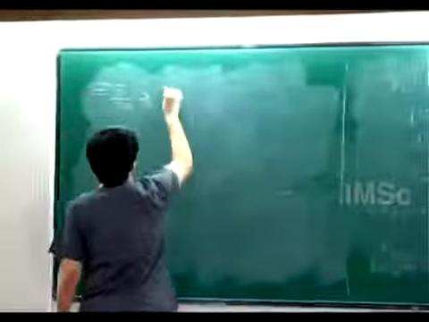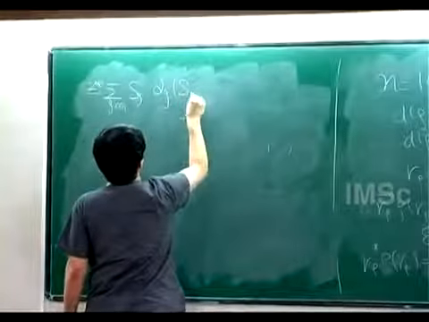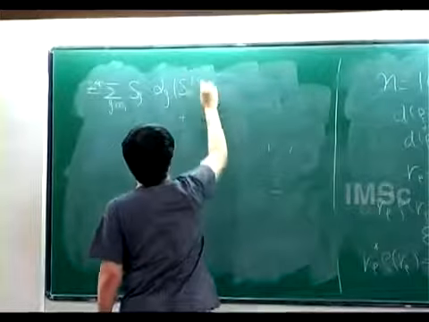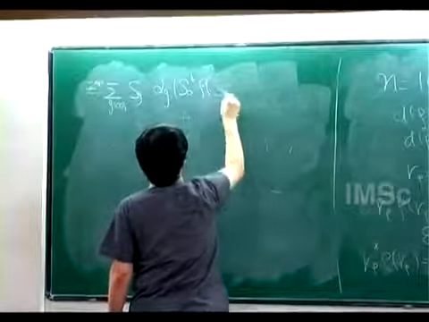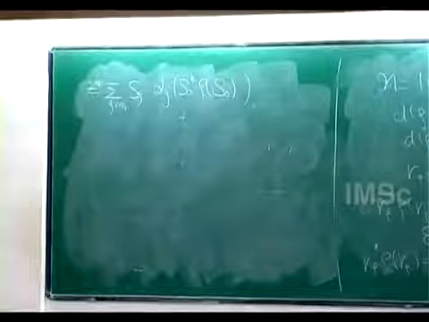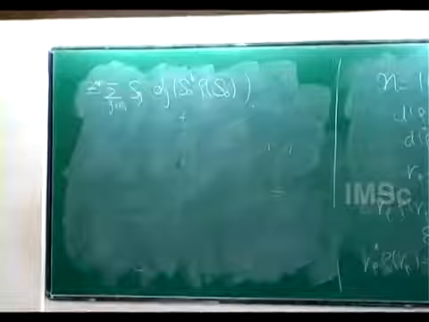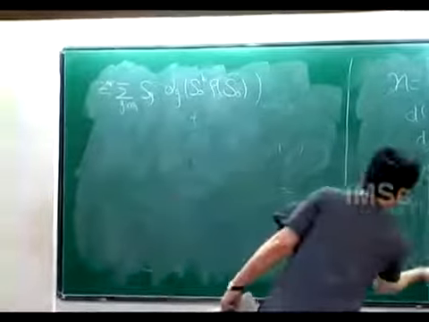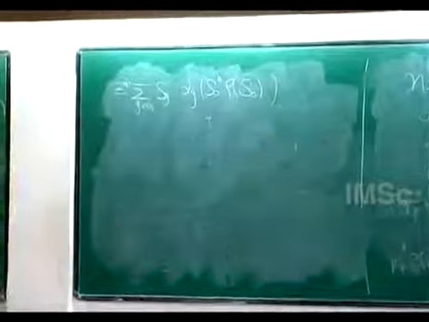And by definition, SG is alpha g of S0. Yeah, we still have this relation. I forgot to put it here.